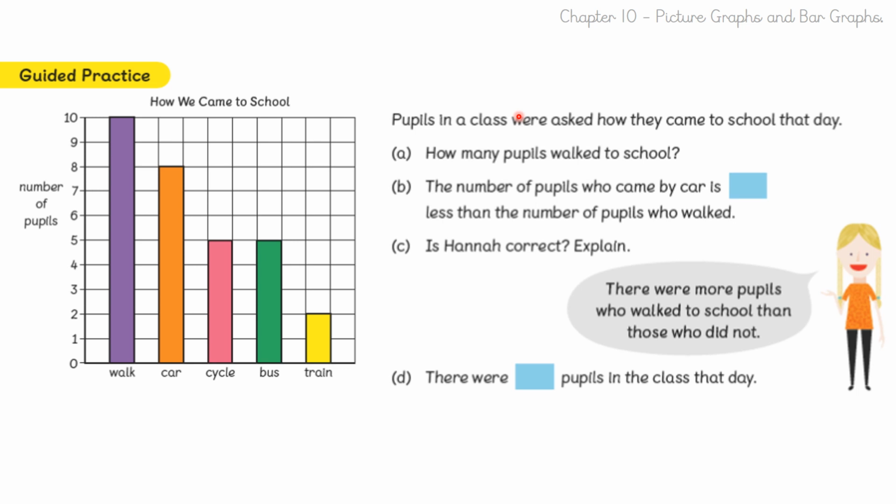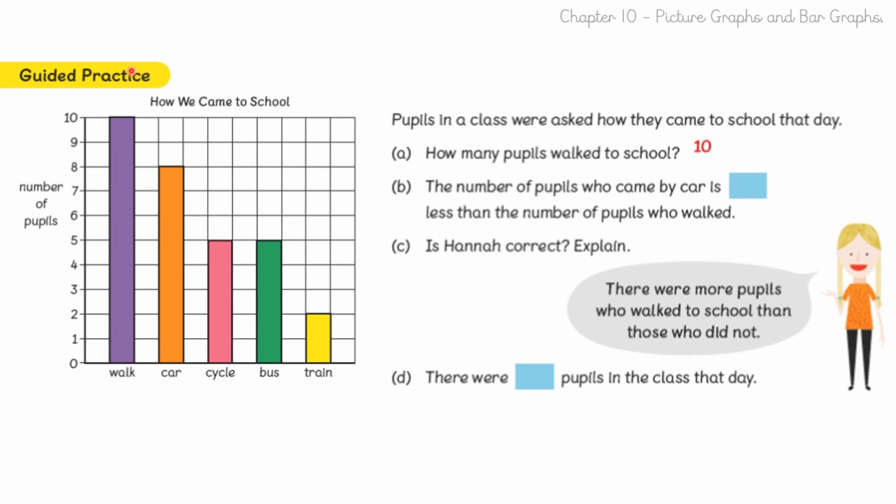Okay, let's check. So how many pupils walk to school? If we look at the bar graph, we can see that 10 pupils walk to school. So I'm going to write 10. The number of pupils who came by car is something less than the number of pupils who walked. And we said that we need to find the difference.